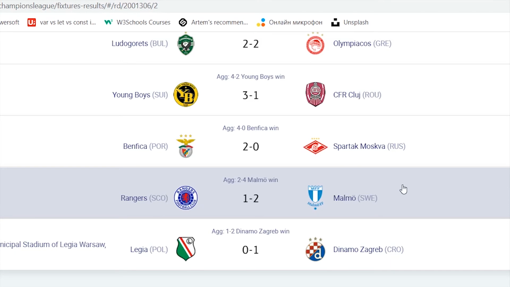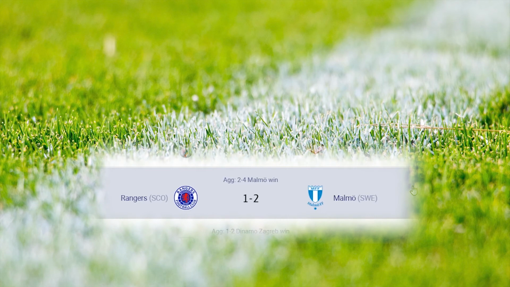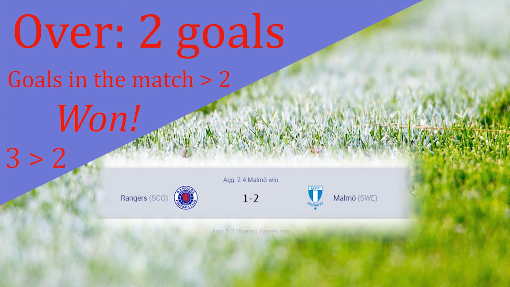The market over under can be used for only one direction, over or under. Let's imagine we had chosen the market over and put the value 2. It means that we bet that there will be more than 2 goals in the match. In this example, we would have won our bet because there were 3 goals in the game.